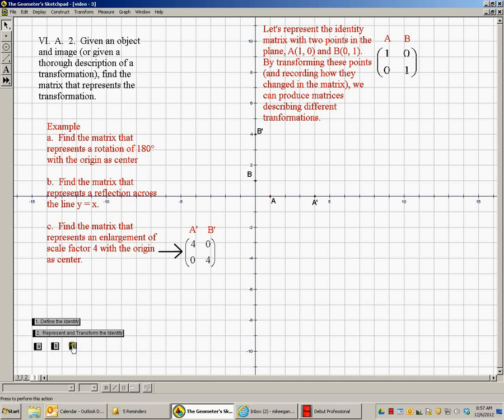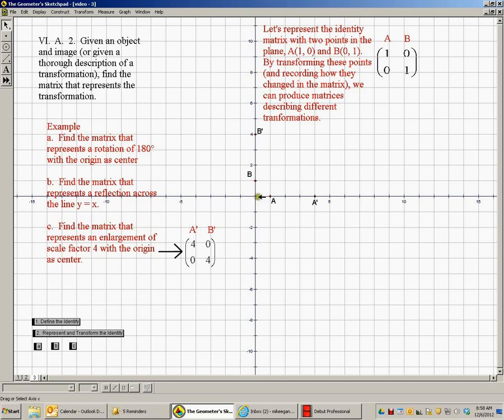Finally, part C. Find the matrix that represents an enlargement of scale factor 4 with the origin as center. Okay, so if I'm going to use the origin as center and I'm going to dilate or enlarge the points A and B by a scale factor of 4, what that means is the distance from the center to A is 1, and therefore the distance from the center to A prime has to be 4 times that.